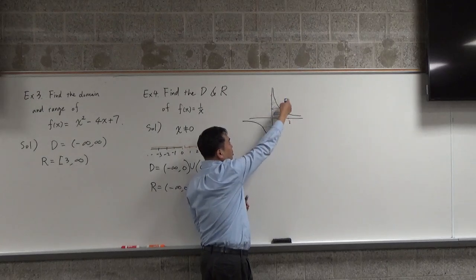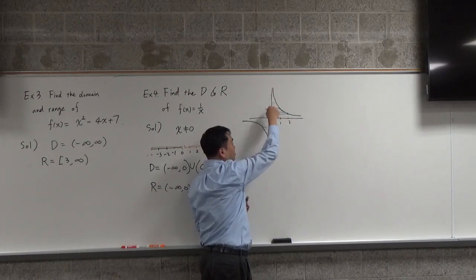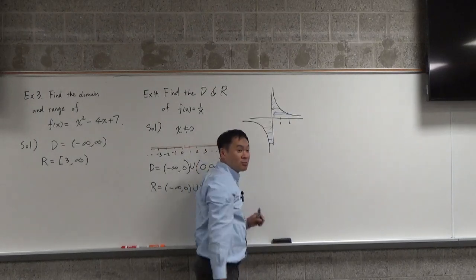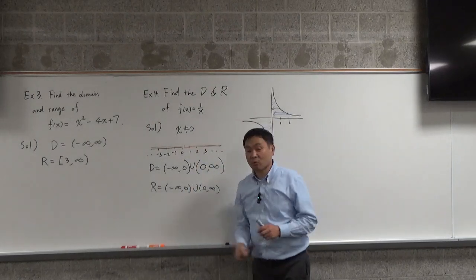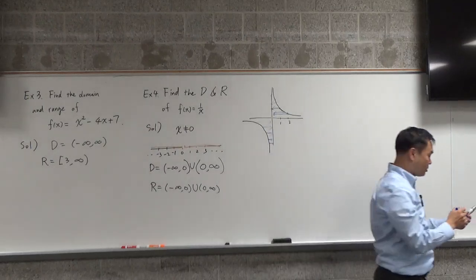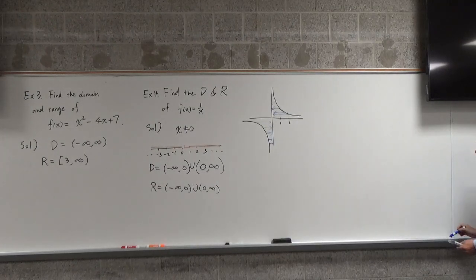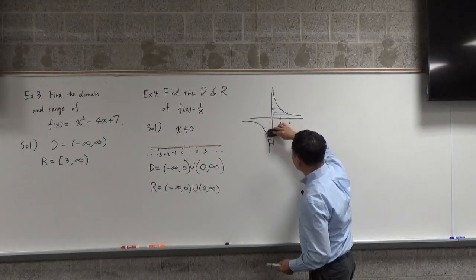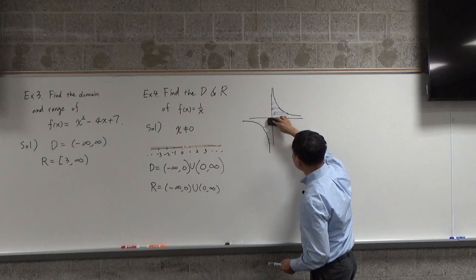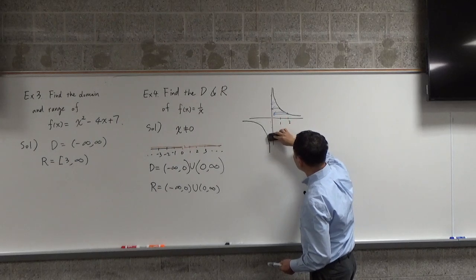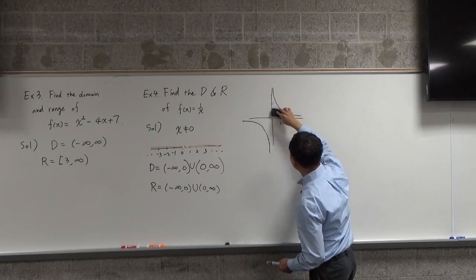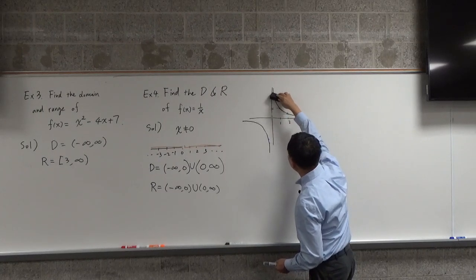Here you get all the values on the y-axis for the positive ones. You get all the values on the y-axis for the negative ones, and it still misses the 0. So you can see that the range does not include 0. Okay, so as we are doing these examples of domain and range, hopefully that gives you some motivation to memorize these graphs by heart.